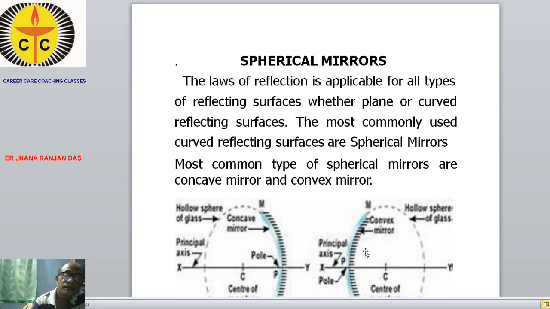Similarly, if it is glazed at the inner side, the reflecting surface is curved outward. That is the convex mirror.